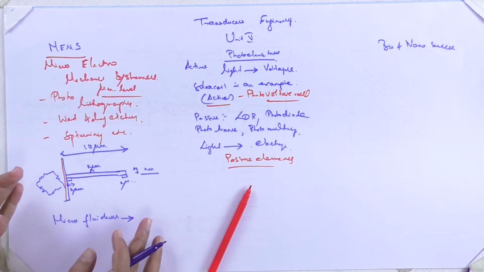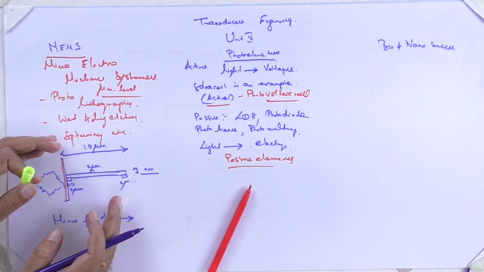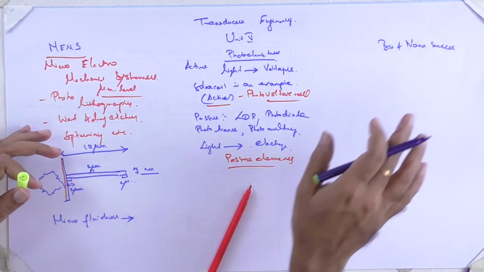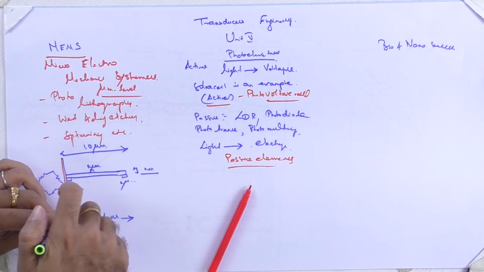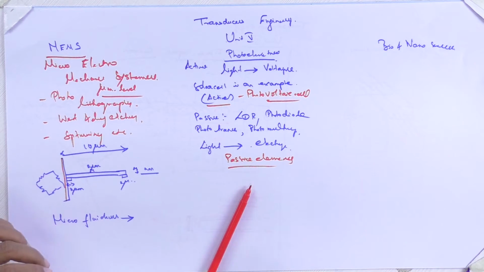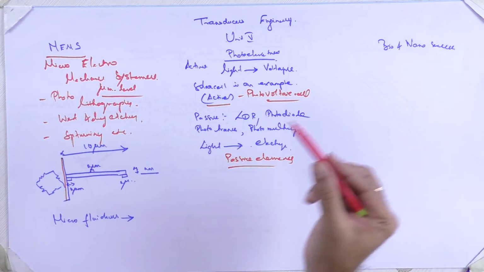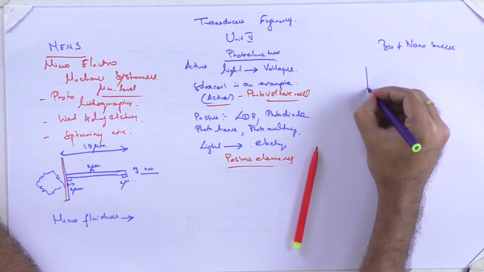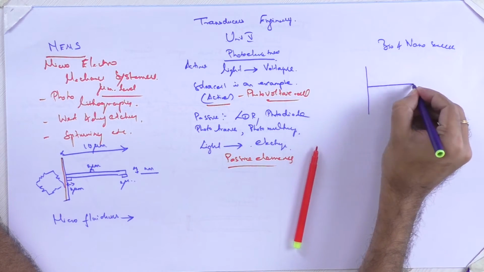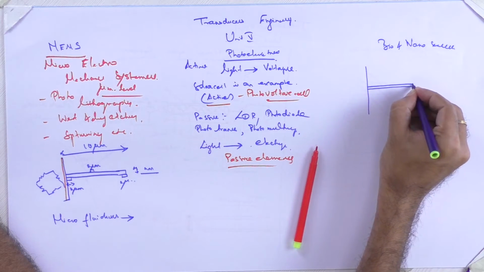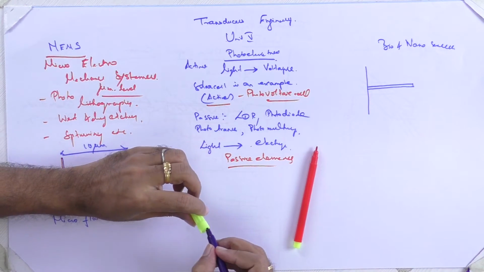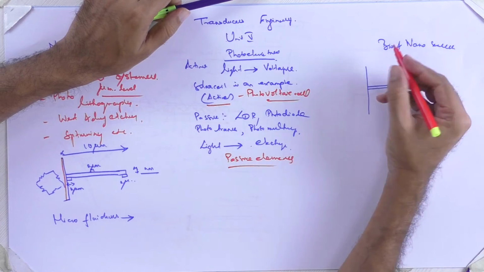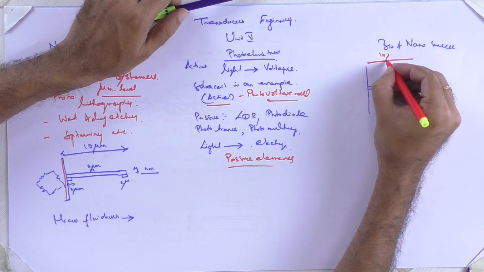Now I will convert this kind of small cantilever beam output to a bio or nano sensor to detect tuberculosis. Now again I will draw the sensor here. It is again 10 micrometers.